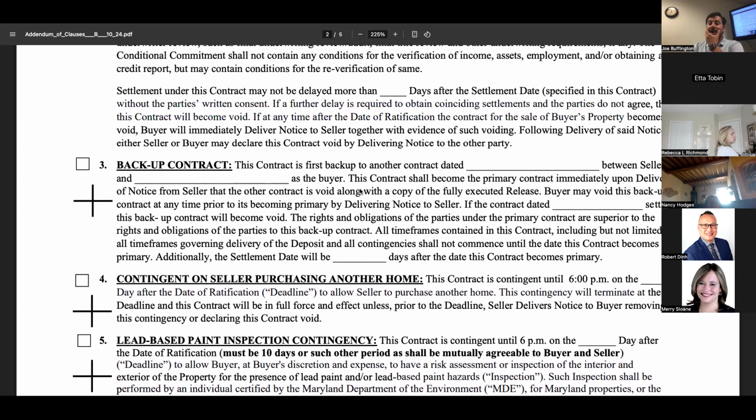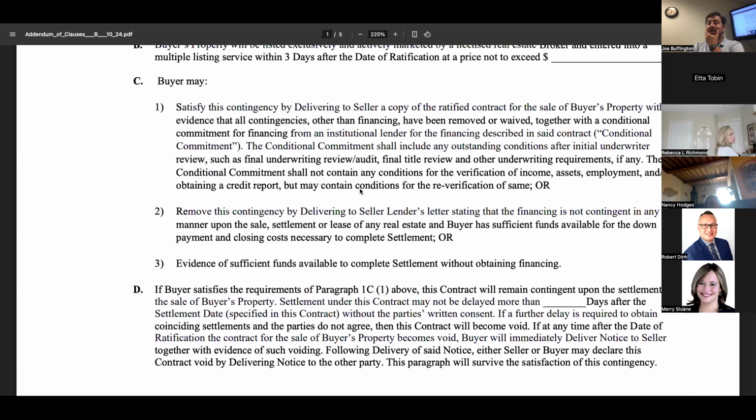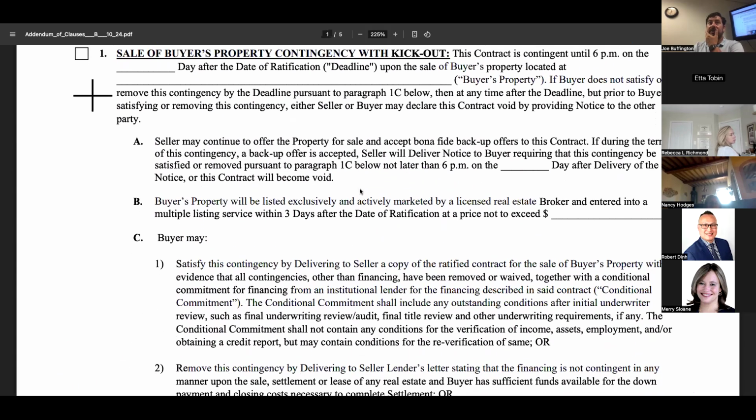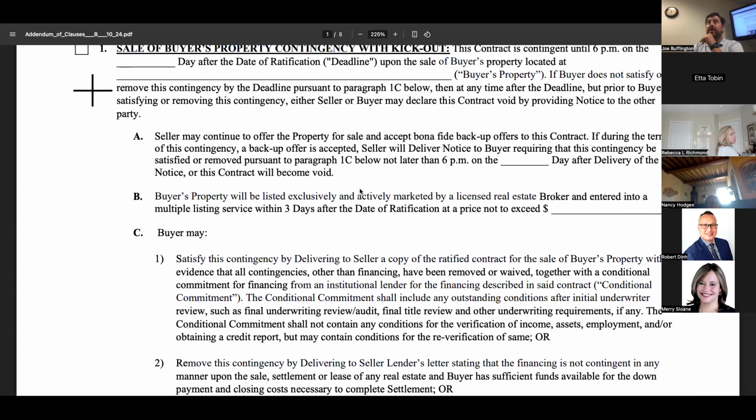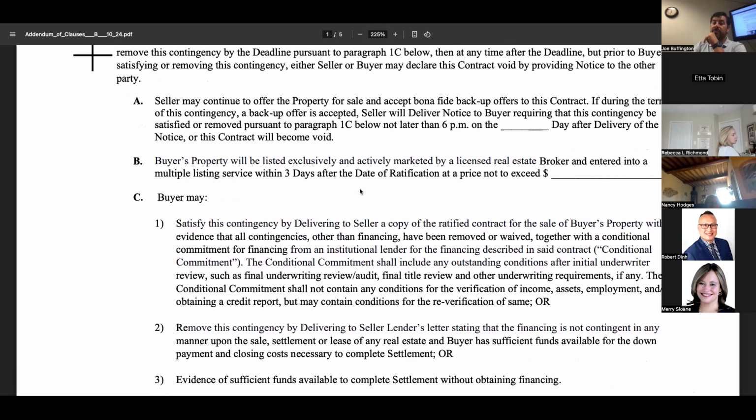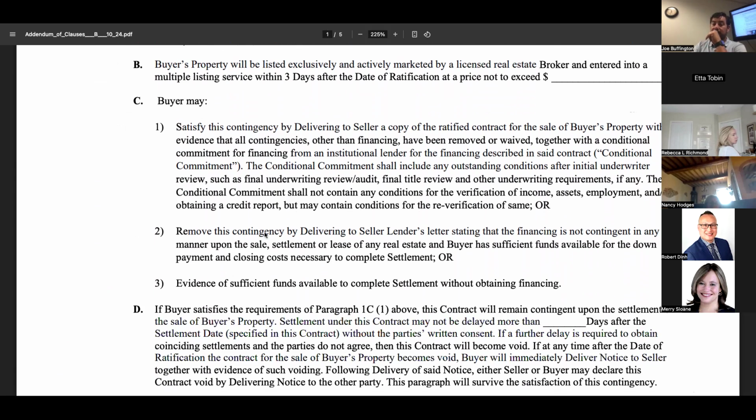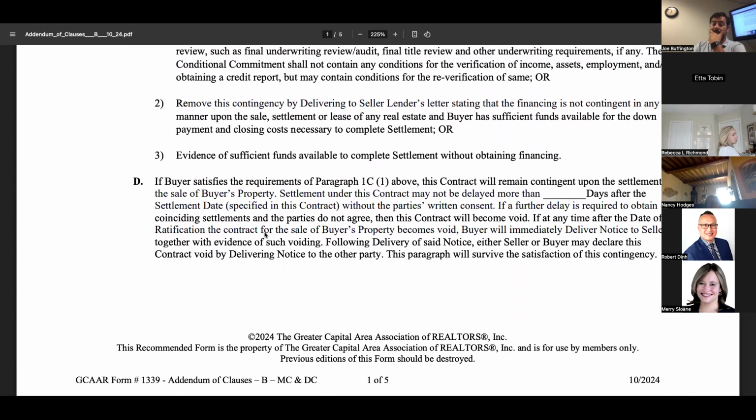But just keep in the back of your mind that this is not completely bulletproof. There is a scenario where your buyer could be left selling their house, that they don't have an out on selling their house, and they don't have a house to go to, even though you've gone through all of these steps. Make sense?